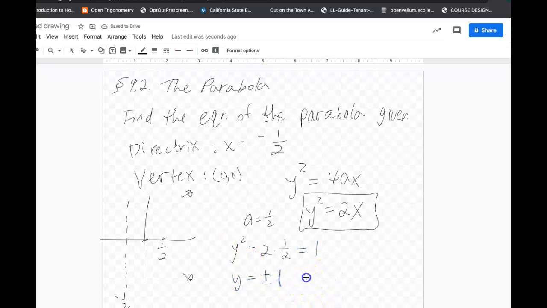So the points for the latus rectum are (1/2, plus or minus 1). And so here's my value of 1, here's my value of negative 1, and there's my curve.